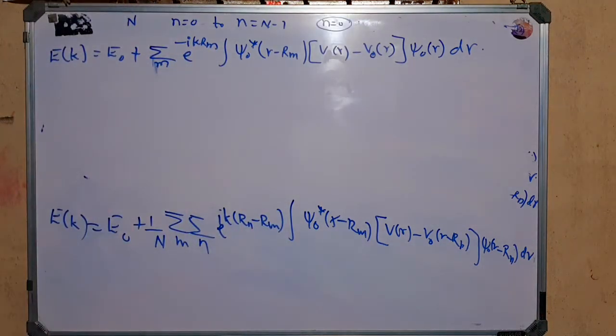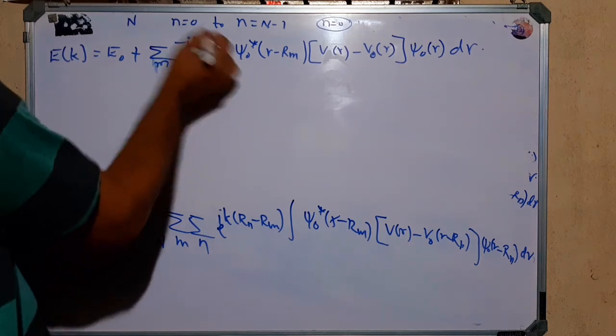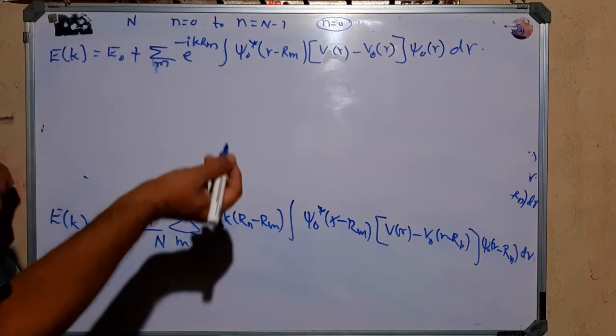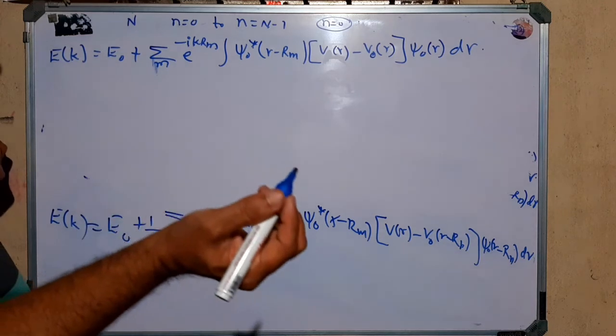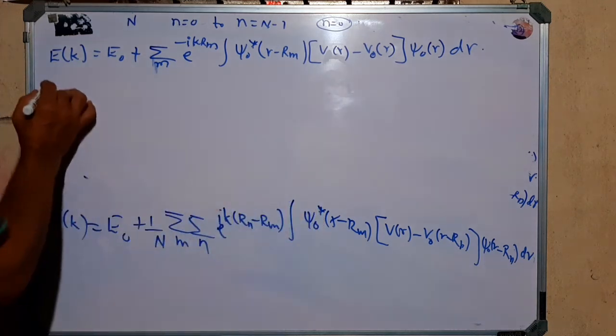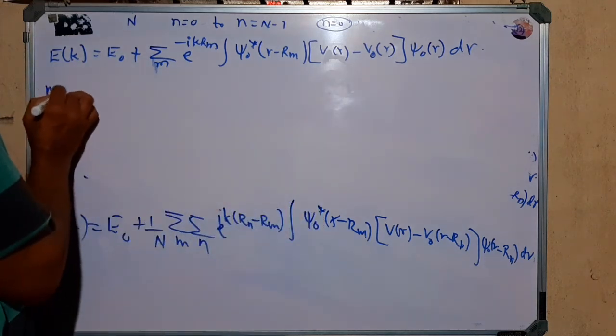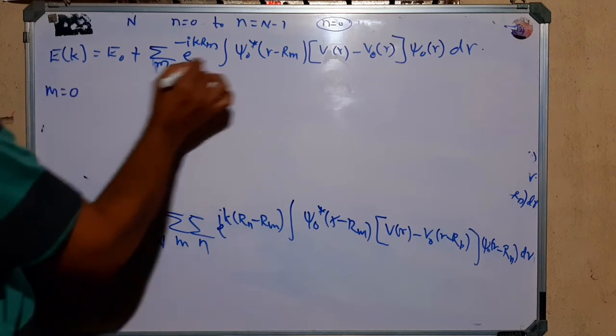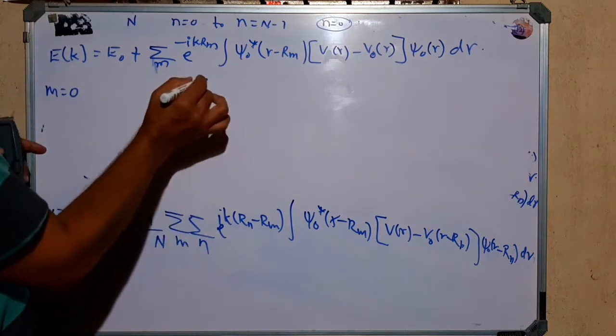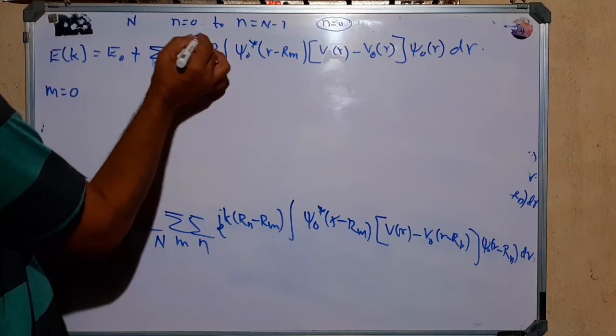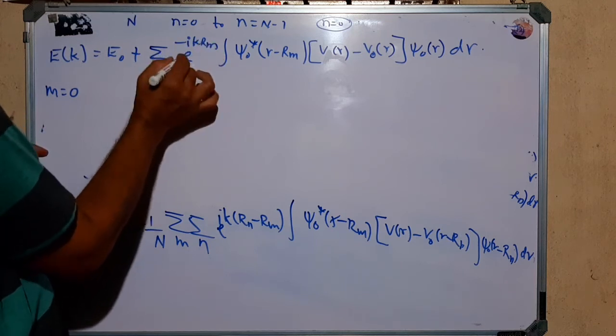Now consider that m varies: 0, 1, 2, 3, etc. Again, for simplicity, consider m is equal to 0. If m is equal to 0, Rm is 0, and e to the power 0 is 1.